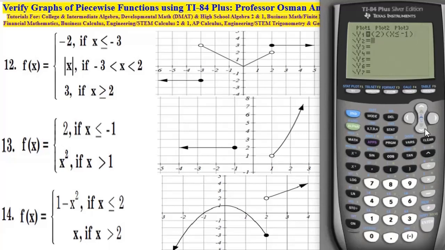Okay, and it is x squared, and this is valid when x is greater than 1.